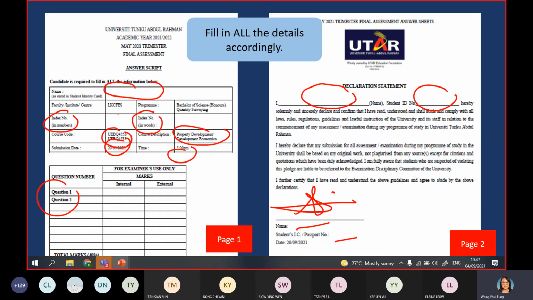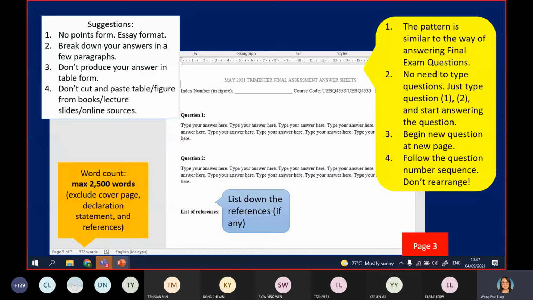Please do not be careless. If you didn't fill in your name, imagine if 100 of you didn't fill in your name. Pity me, I have to check one by one. So please, save my job, fill in all the details accordingly. Okay. Then page 3, you can start to answer.